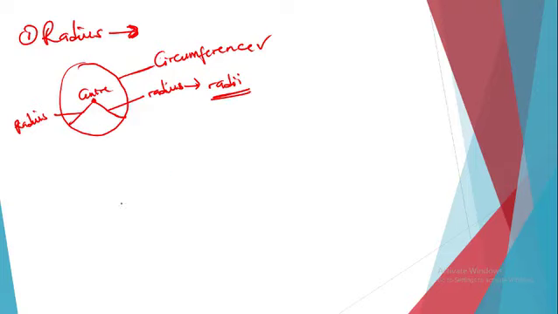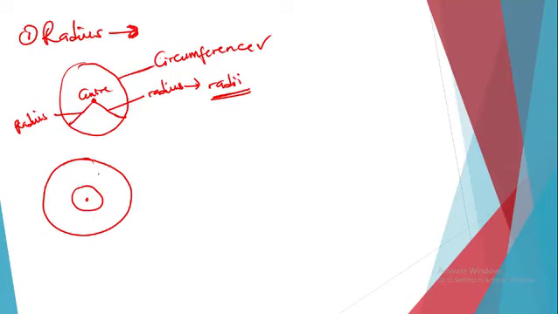Let us proceed with the definition of terms. Then that's what we call concentric circles. Concentric circles are circles with the same center. We have the center here, and from this center we have a circle here, and a circle here too.